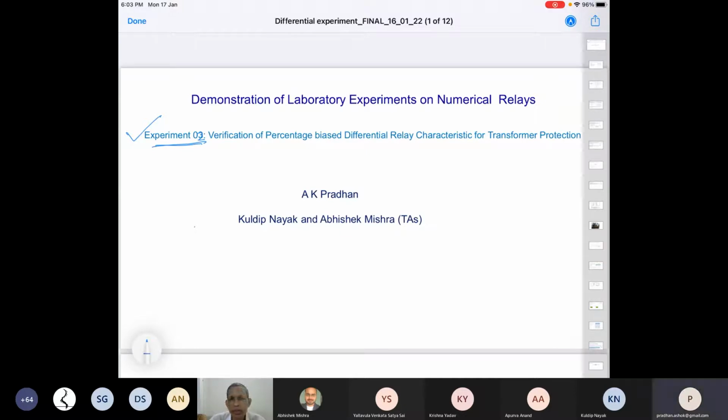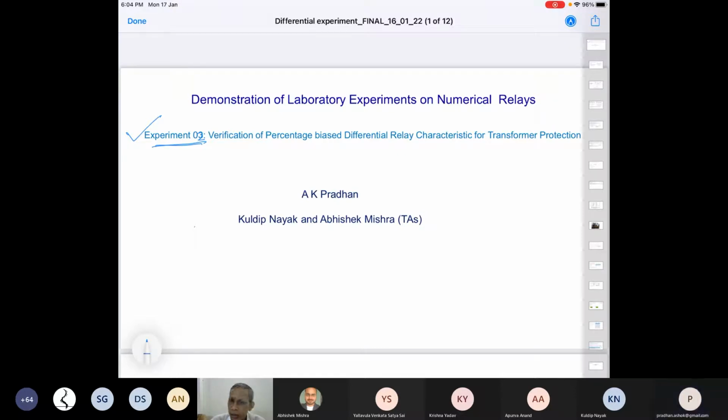Two things we emphasize: it should be sensitive, so that all faults are taken care of, that is the dependability perspective. But for a fault outside that element or zone or section, for which it is taking care, the relay should remain silent.